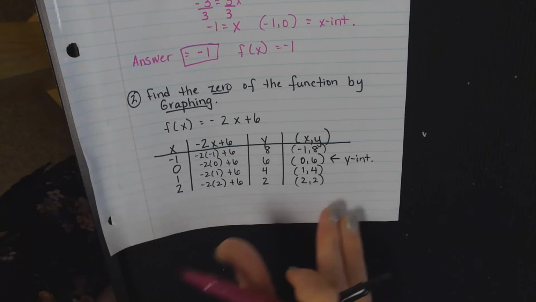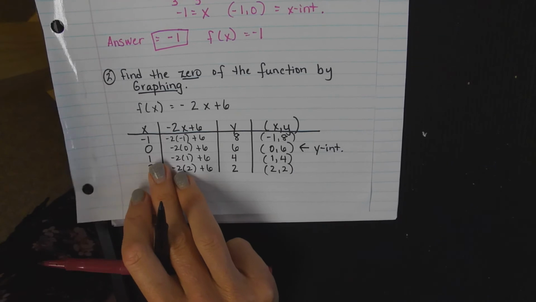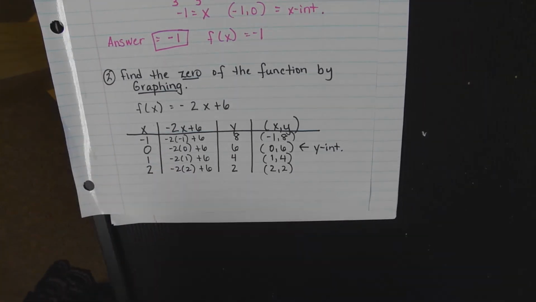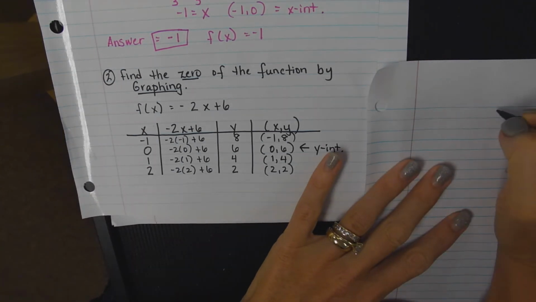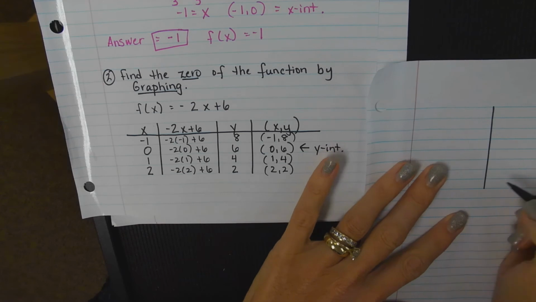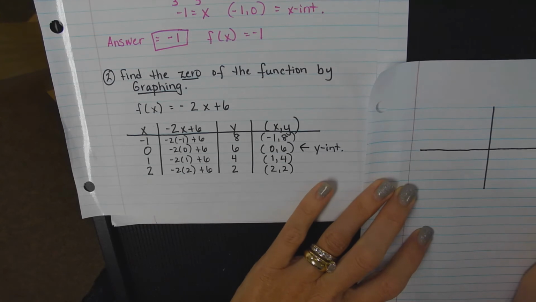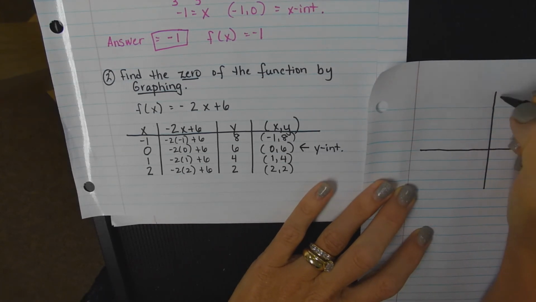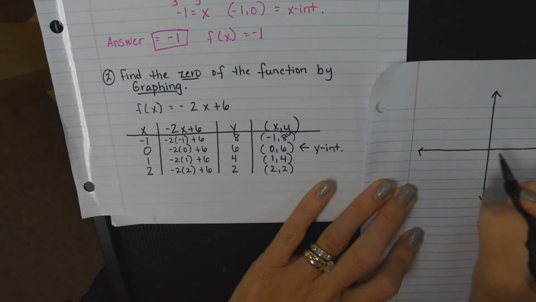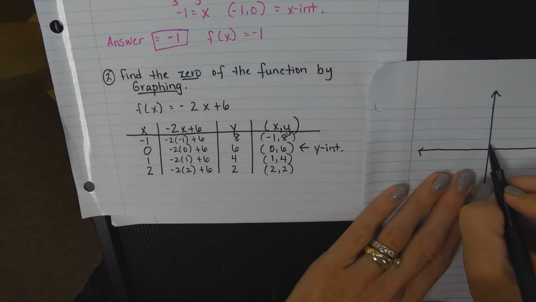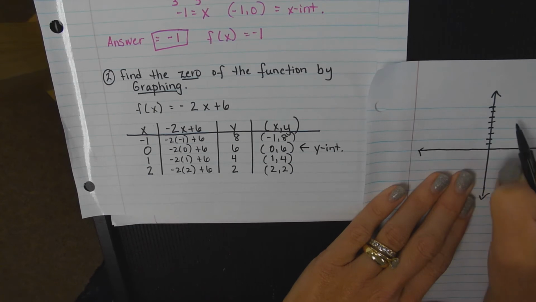All right. I'm going to get a new piece of paper. I'm going to graph this, and if you can, please sketch at the best of your ability a graph on your paper. So I'm going up to 8. So let's see, 1, 2, 3, 4, 5, 6, 7, 8.